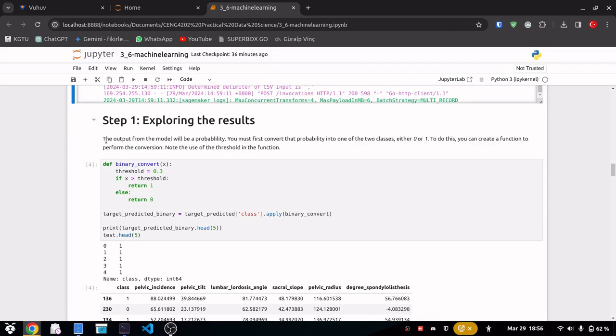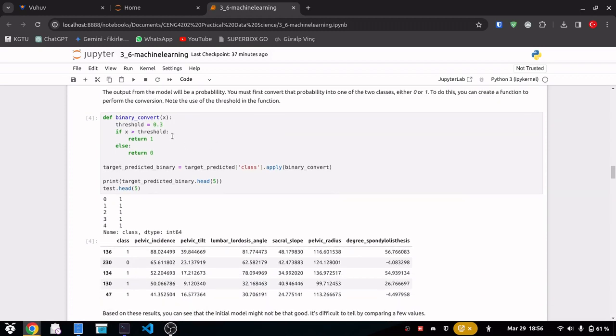So, exploring the results. The output from the model will be a probability. You must first convert that probability into one of the two classes, either 0 or 1. To do this, you can construct a function to perform the conversion, noting the use of the threshold in the function.